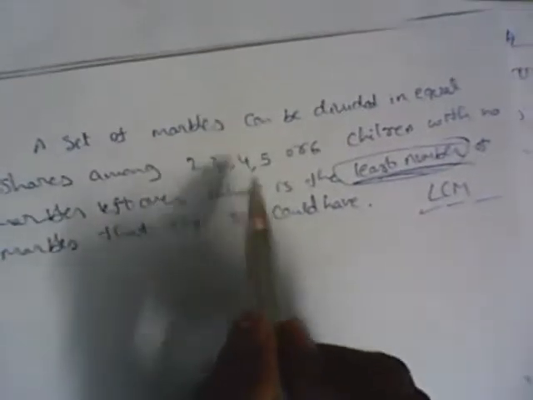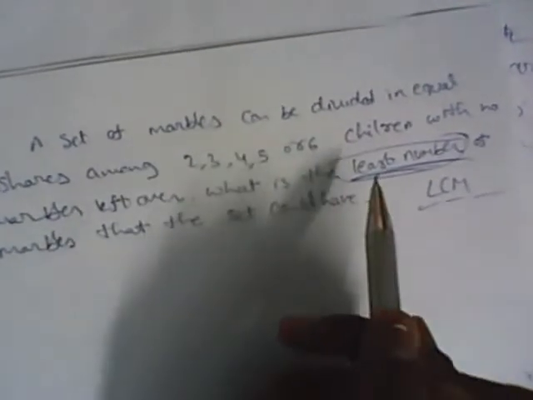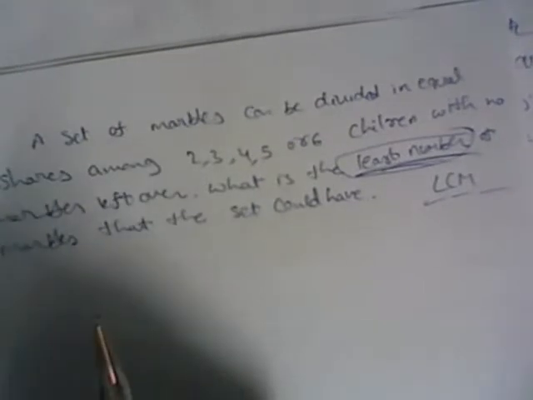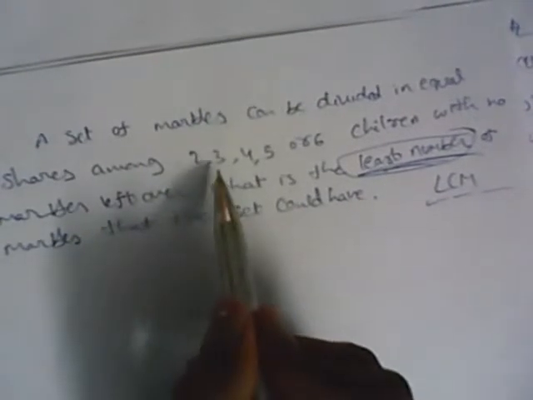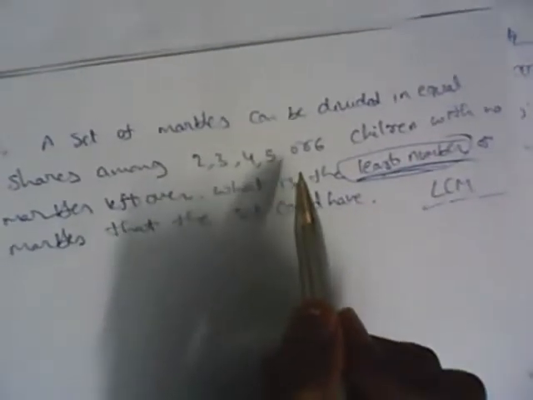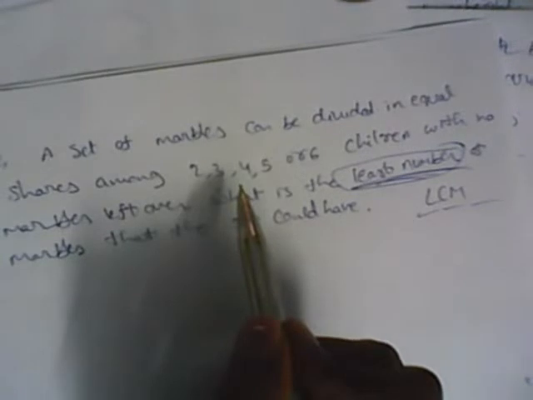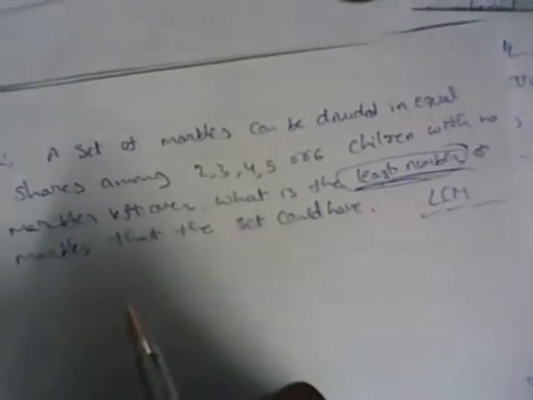We need to find the least common multiple, because the number which is its LCM will be divided in equal parts with no marbles left over.